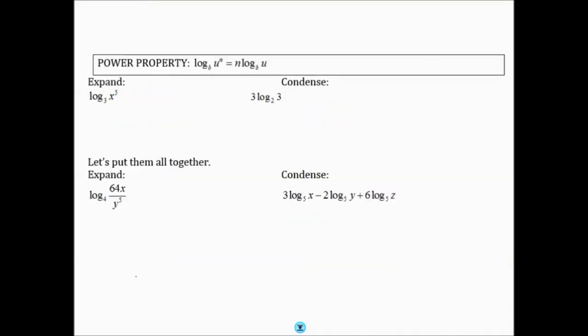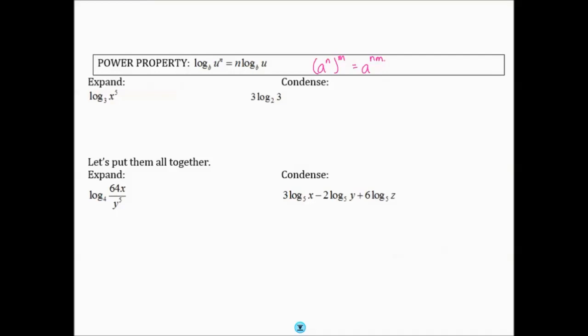And then the next property is the power property. If you think back to Algebra 1, we had this property that a to the n to the m equals a to the nm. So again, our property of logarithms is related to the property of exponents. If we have log base b of u to the n, we can rewrite that as n times log base b of u.